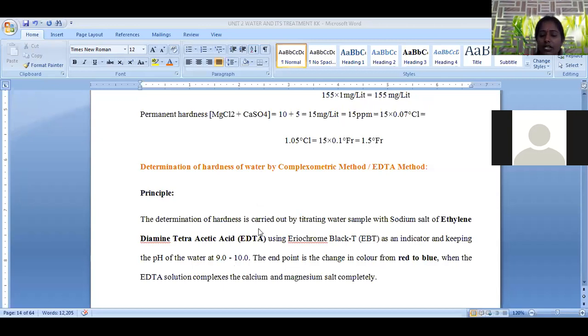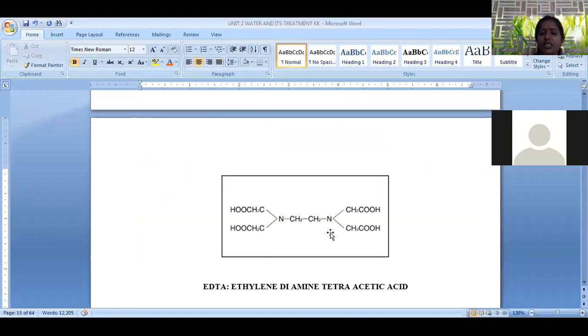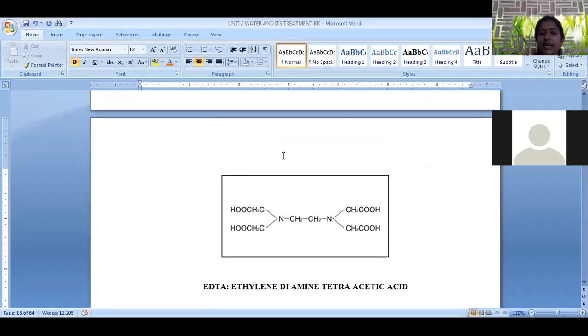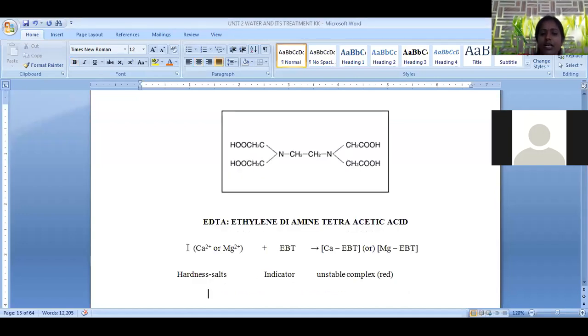Now let us see the principle involved in this estimation of hardness. This is the chemical structure of EDTA, ethylene diamine tetraacetic acid, where the functional groups are present. First, the hardness causing salts are involved in the reaction with the indicator.